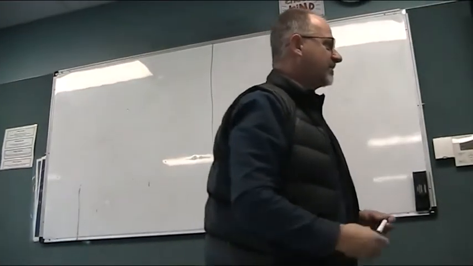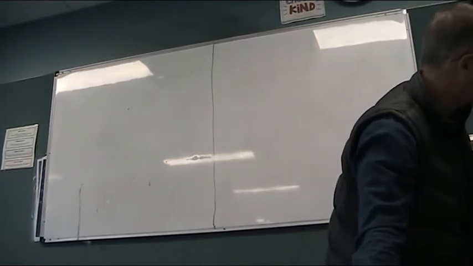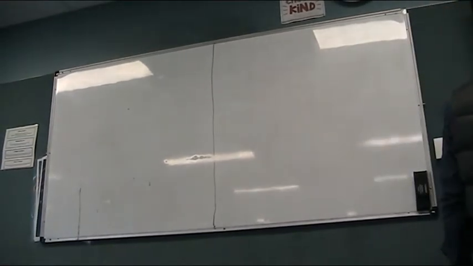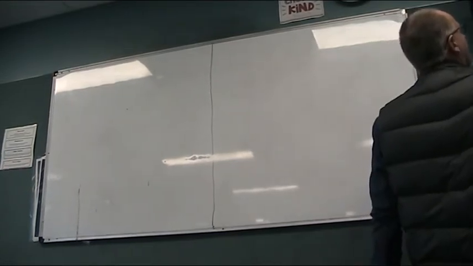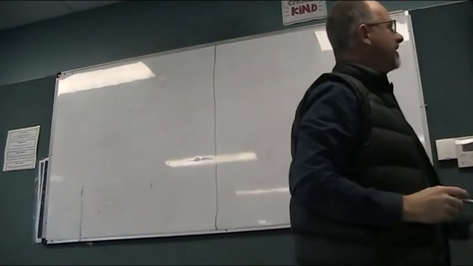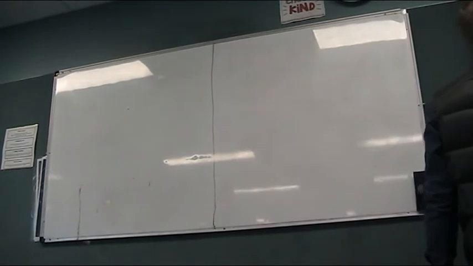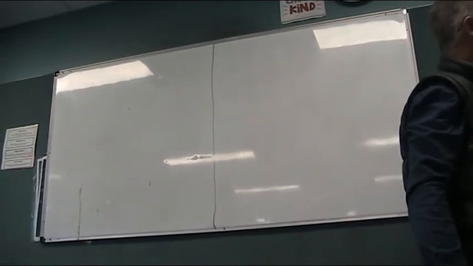Alright, now subtraction. If we're doing subtraction geometrically, we need to write the sum in terms of addition. So we would change u minus v to adding negative v. That's the easiest way for us to do things.